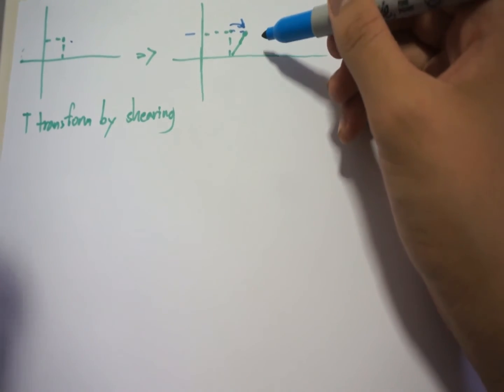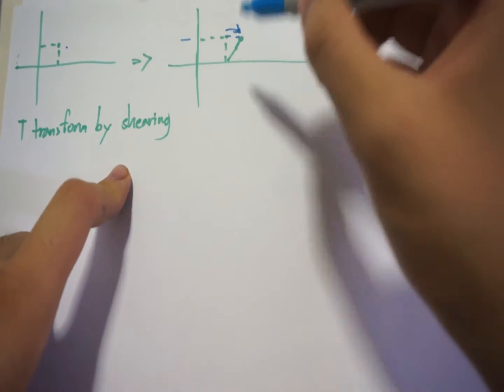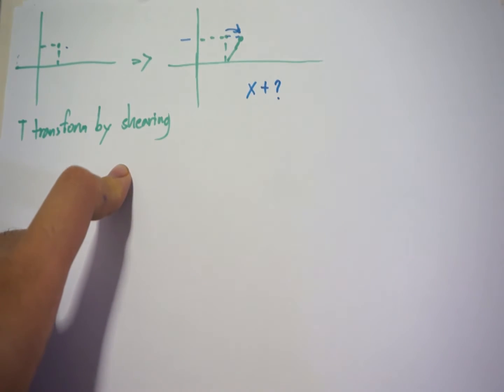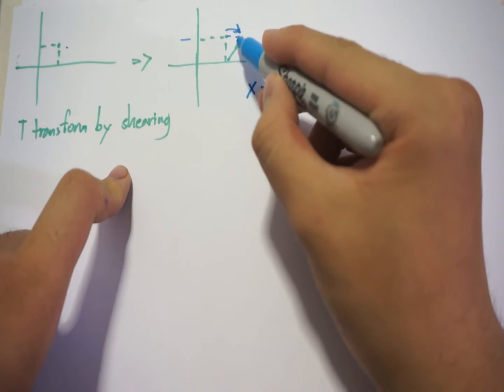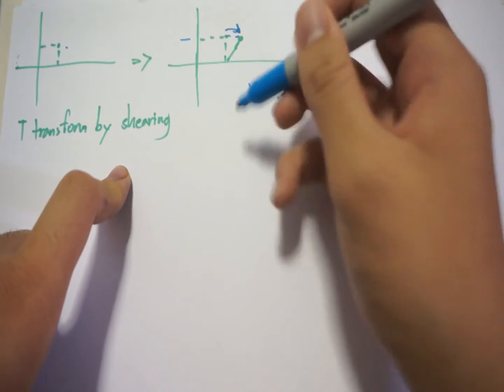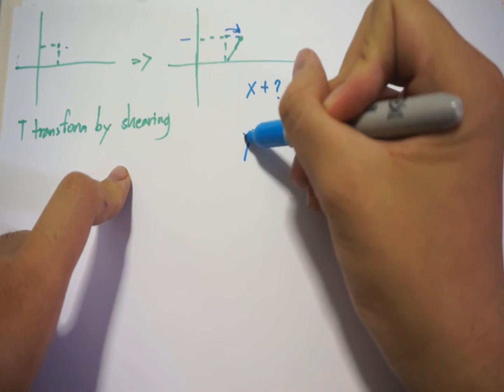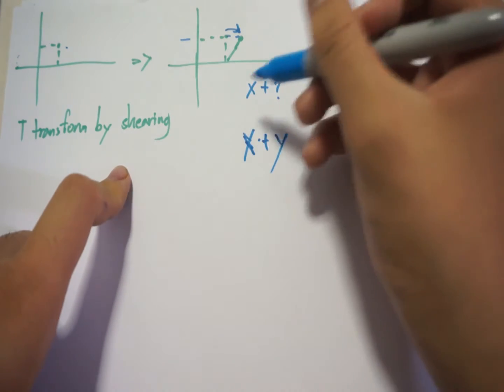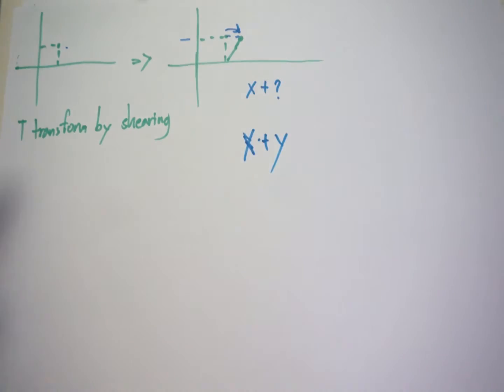By the x shifting, we can see that something is being done with x, which is plus something, and since the point is turning this way, we can assume that x plus y is the solution of this general form, or you can use example link techniques to find this exact transformation.